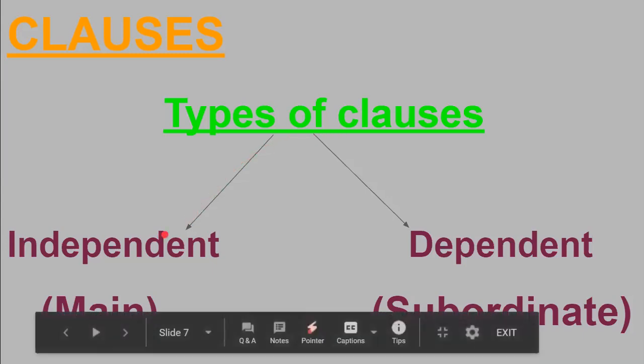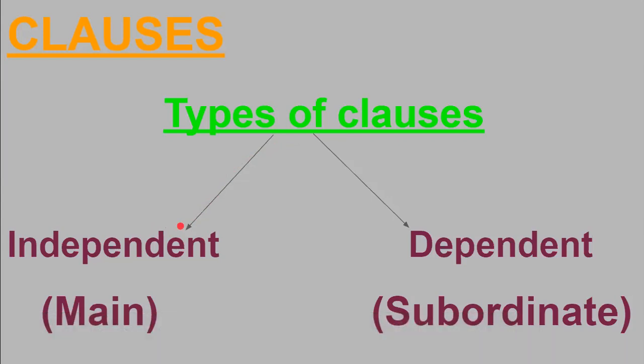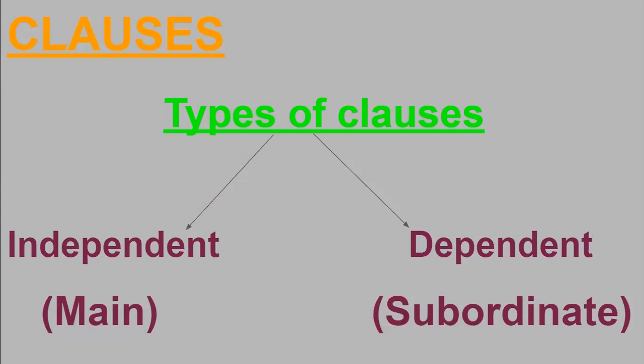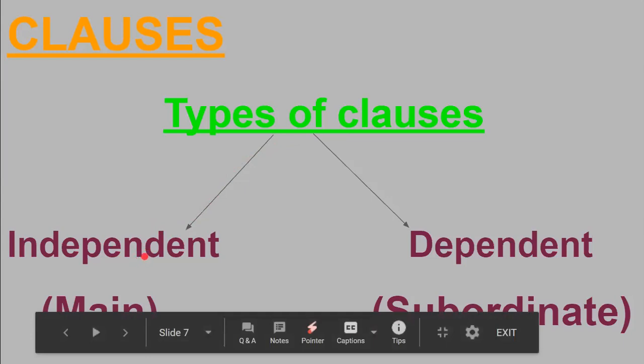Number one type of clause is called the independent clause, which is also called the main clause. Independent, as its name says, means it can exist on its own. It is not dependent on any other clause or simple sentence, so it can exist independently.